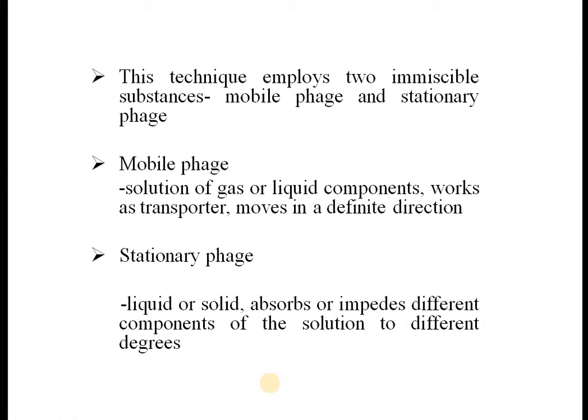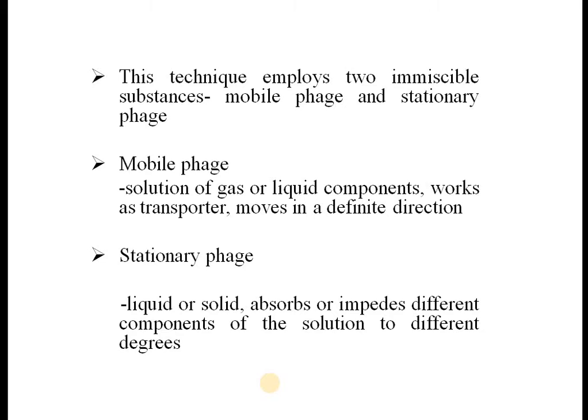This chromatographic technique employs two immiscible phases: the mobile phase and the stationary phase. The mobile phase is the solution of gas or liquid components that acts as transporter and moves in a definite direction. The stationary phase, liquid or solid, adsorbs or impedes different components of the solution to different degrees.